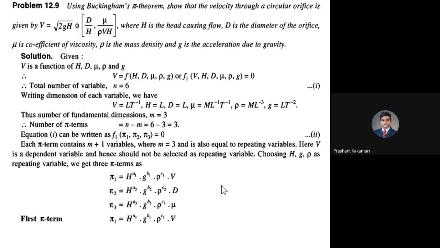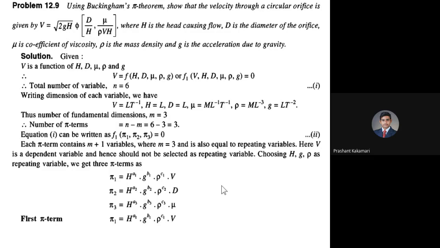That is geometrical property, flow property, and fluid property as three repeating variables raised to respective powers depending upon the equation number. Say for example, pi 1 is the equation number 1. So I can take h raised to a1, g raised to b1, rho raised to c1 into, so m plus 1, whatever I have told you, that one term we have to multiply is either velocity or diameter or the viscosity, which are the left out variables.